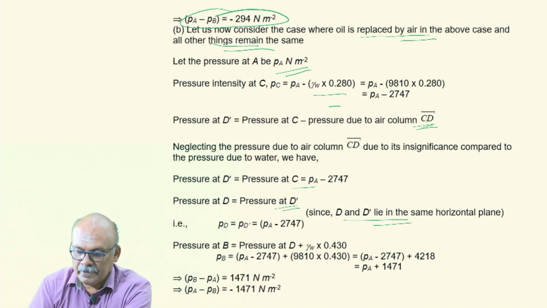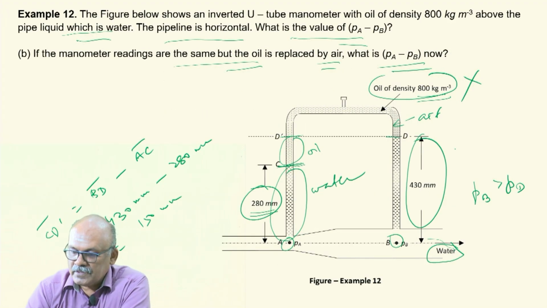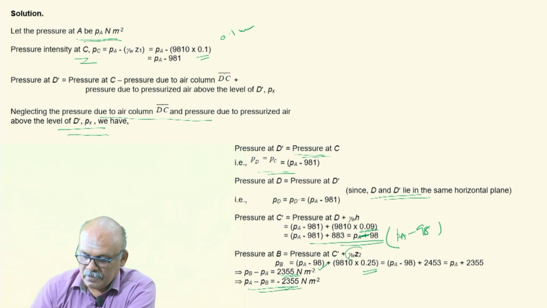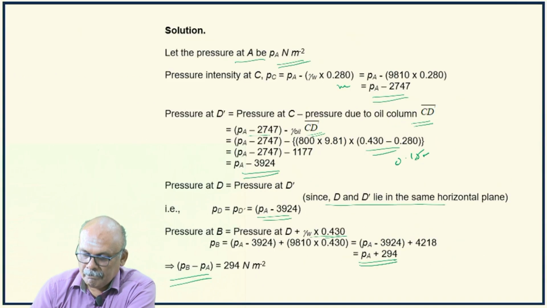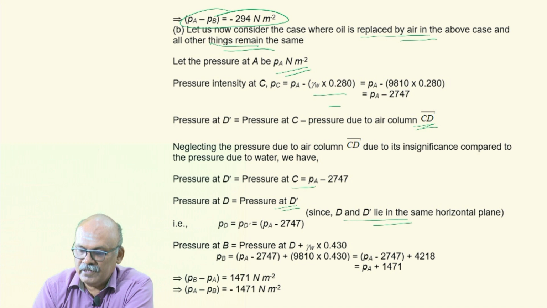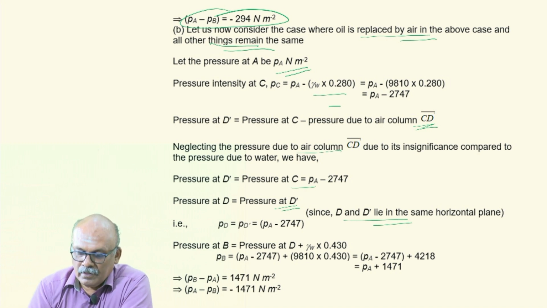Then pressure at B will be, instead of oil you have air column here, CD dash, right. So, pressure at D dash will be pressure at C only because we are neglecting the air column.